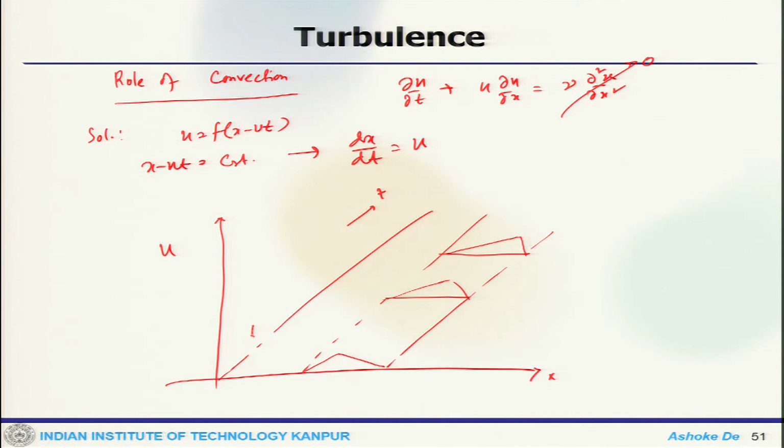So, these are time instants t1, t2, t3 like that. So, essentially the role is that it steepens the velocity gradients. So, that is what the convection term does.